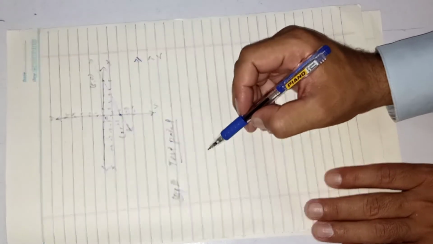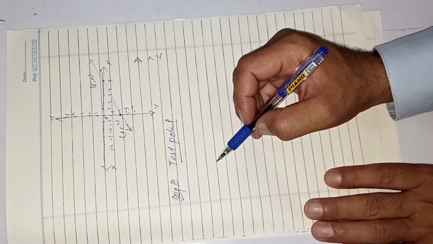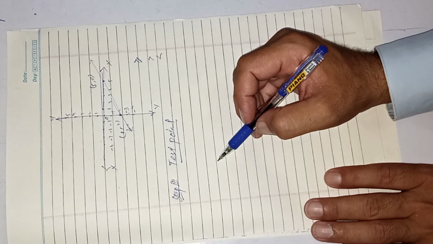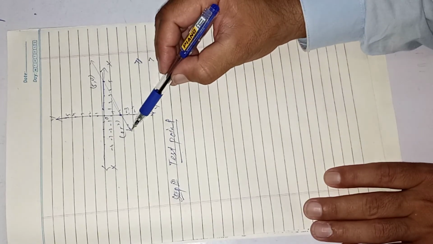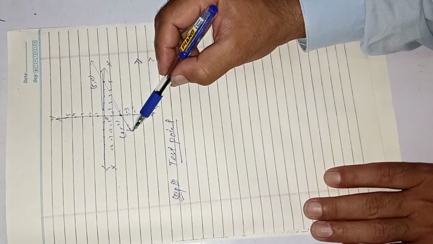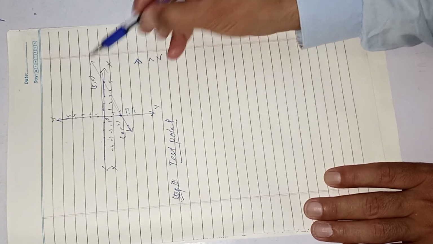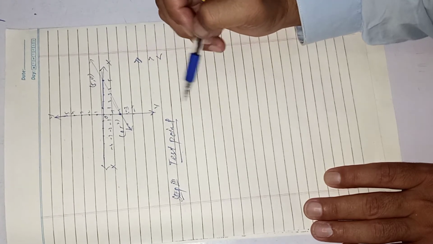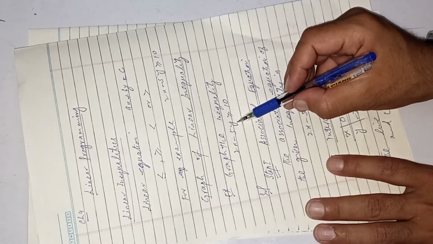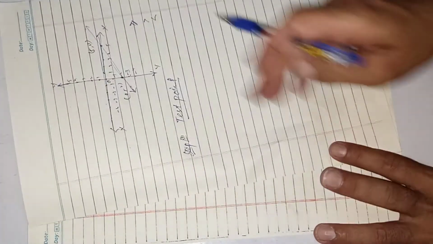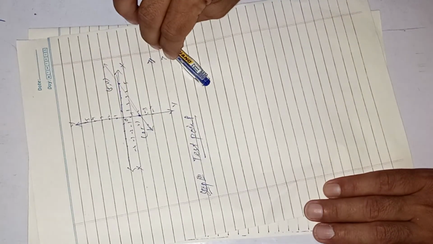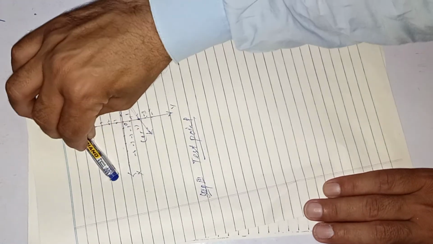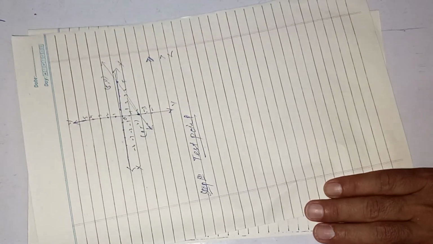The difference between the graph of a linear equation and a linear inequality is that the graph of a linear equation is a straight line, while the graph of a linear inequality is the half plane either containing the origin or not containing the origin.